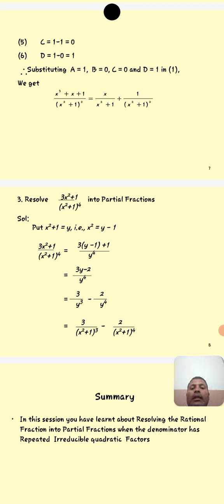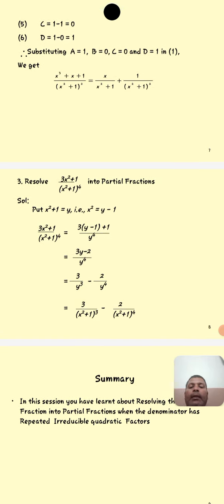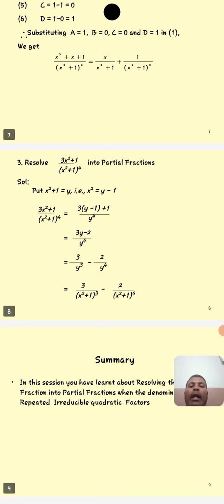So we get (3y minus 2) divided by y to the power of 4. Now we have to split into two parts: 3 divided by y cube minus 2 divided by y to the power of 4. And again, in the place of y, we substitute x square plus 1: 3 divided by (x square plus 1) whole cube minus 2 divided by (x square plus 1) to the power of 4.